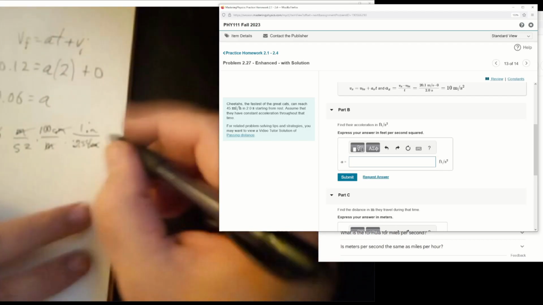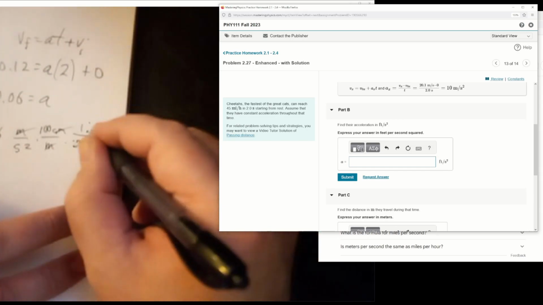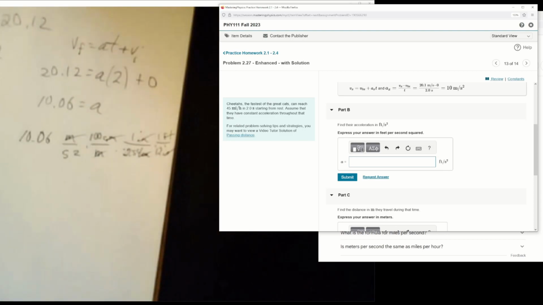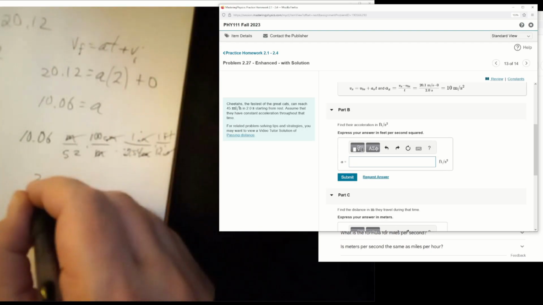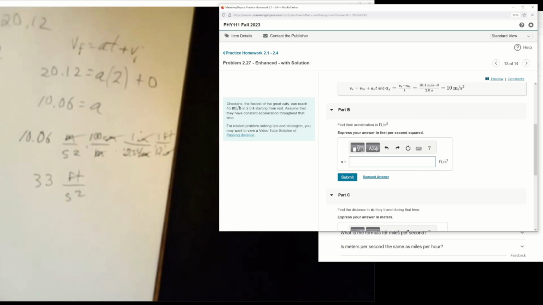And then finally, we got 12 inches in a foot, and that cancels out the inches. And I have to multiply that all out with my calculator. So I got times 100, divided by 2.54, and then divided by 12. And then we get 33 feet per second squared.